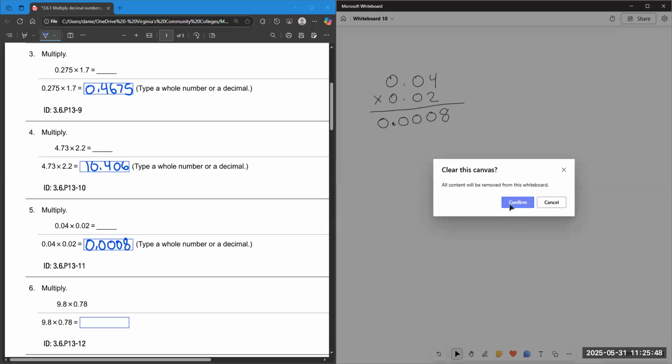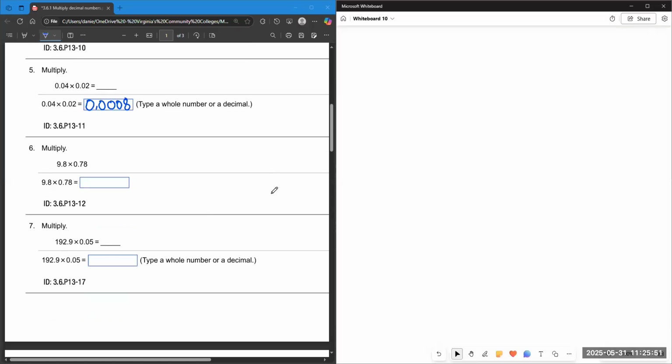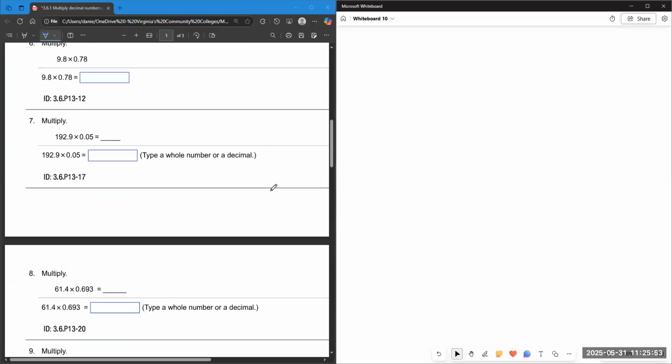All right. Nine and 8/10 times 7.8. Even though it's written this way, I prefer the number with more digits to be on top, so I'm going to write it the other way. Order of multiplication does not matter.